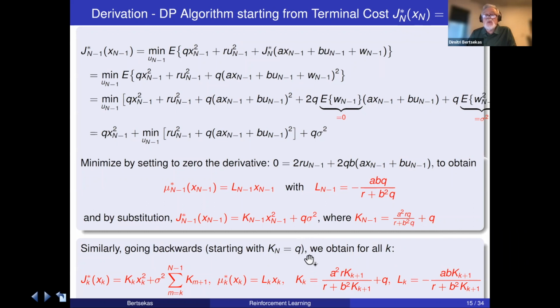I wanted to give you this one because it's important, and also what we're going to be using in the future is the fact that this is the generic form of the optimal solution. And there's also a version of this for infinite horizon problems that we're going to come to in a few slides.